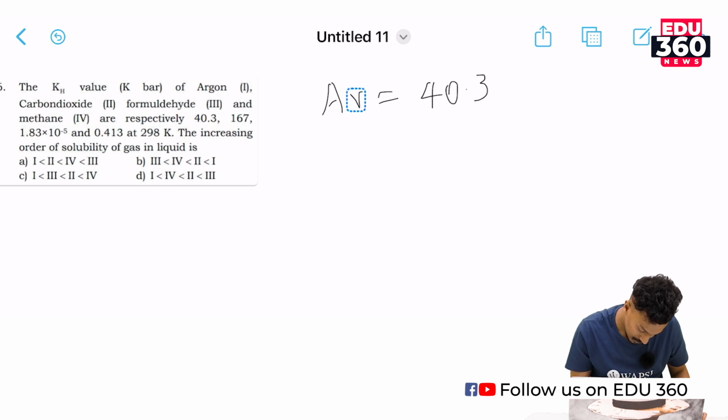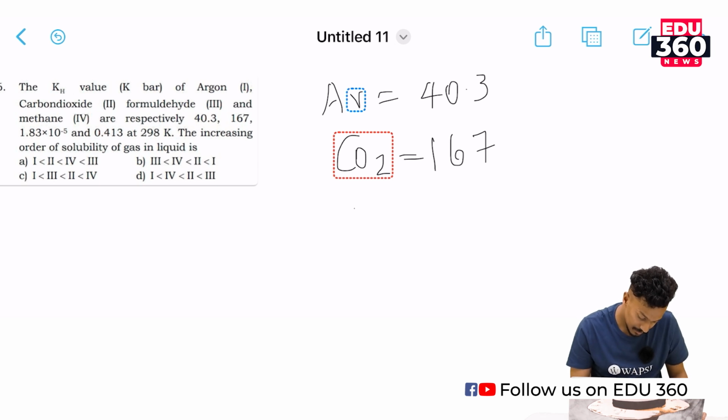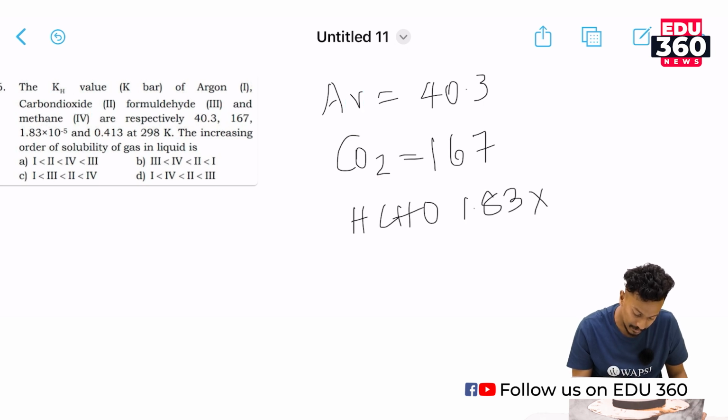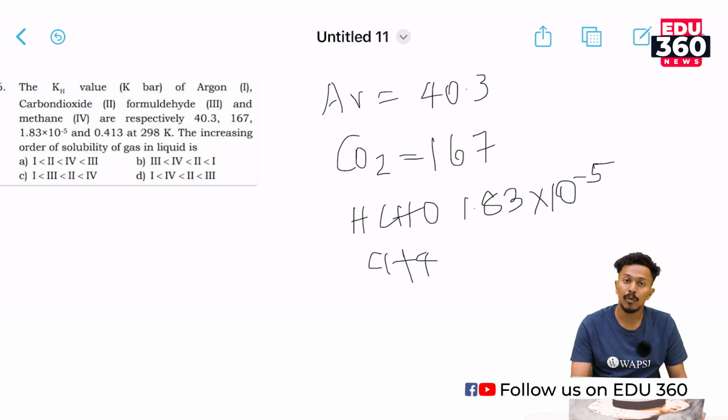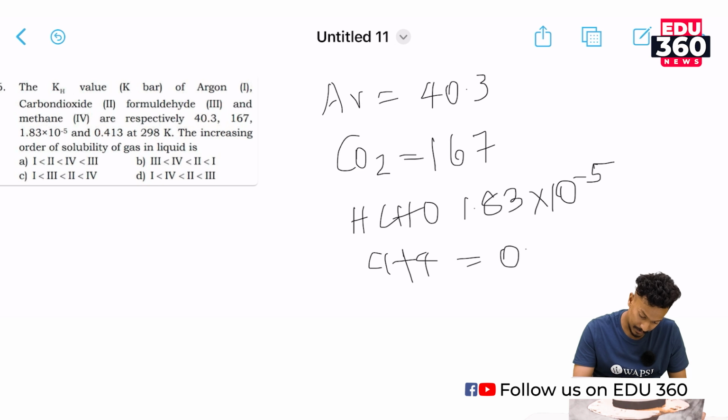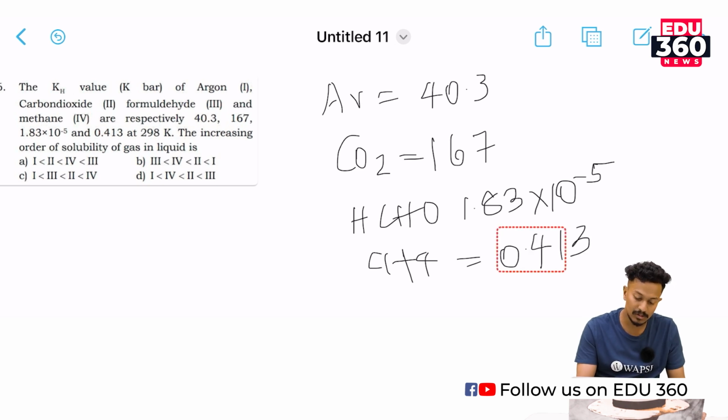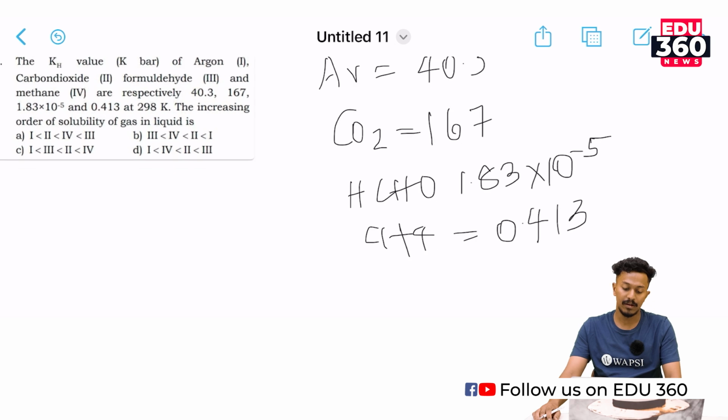For carbon dioxide we have 167 kbar. For formaldehyde, HCHO, we have 1.83 into 10 raised to minus 5. And for methane we have 0.413. These are the values of Henry's constant for the given gases.